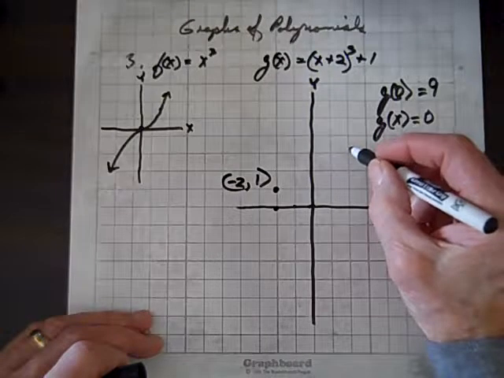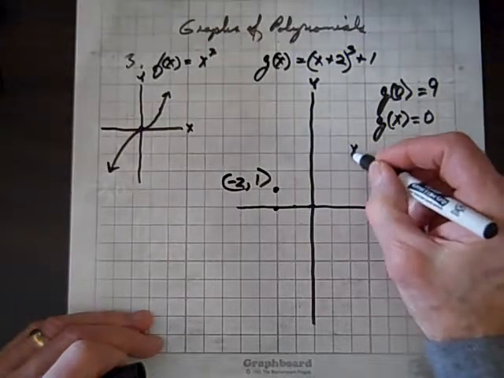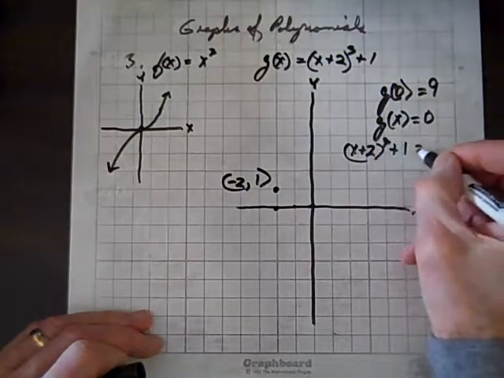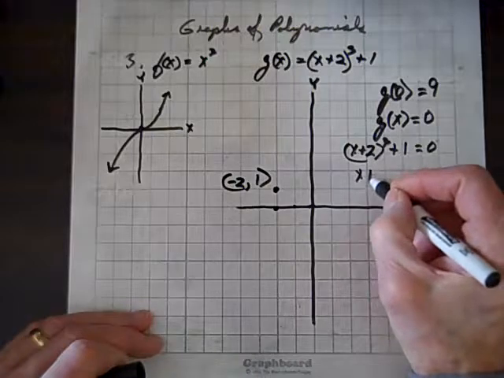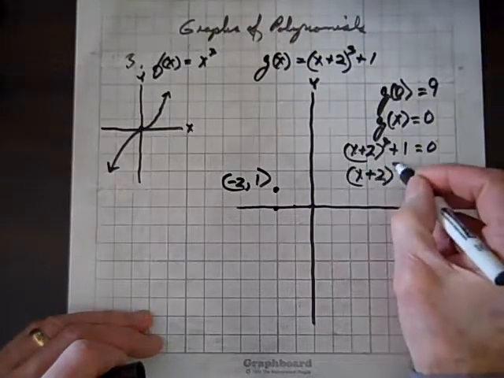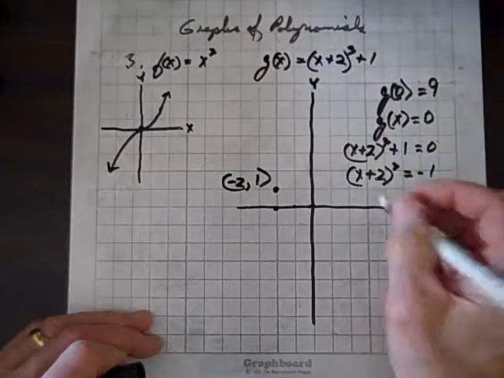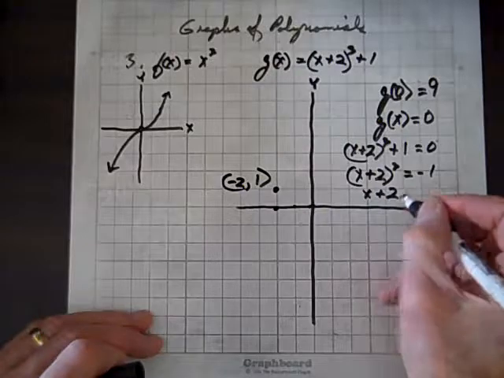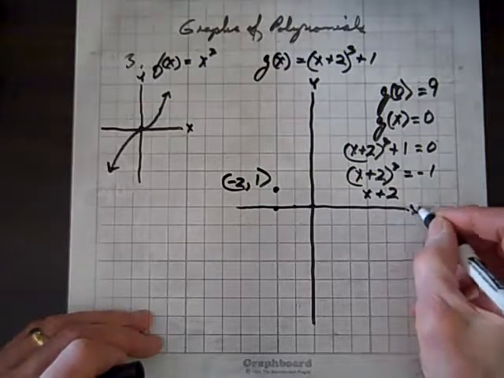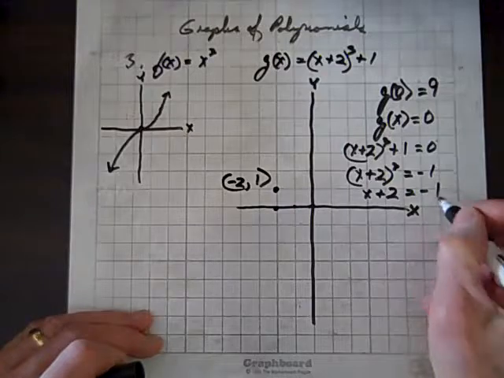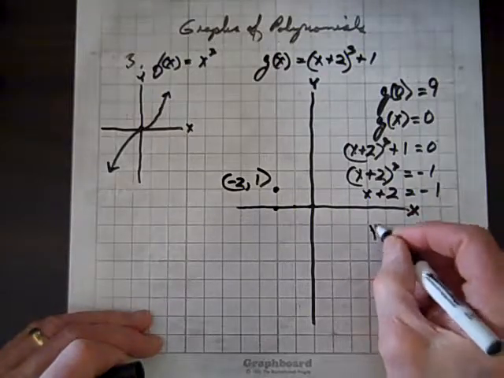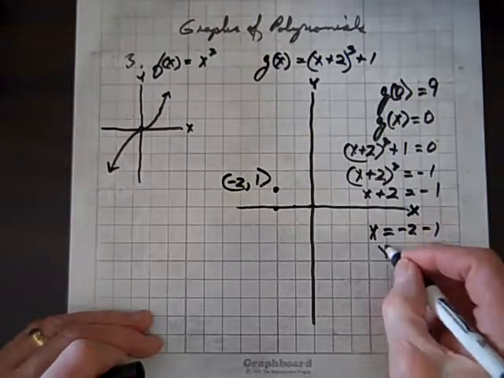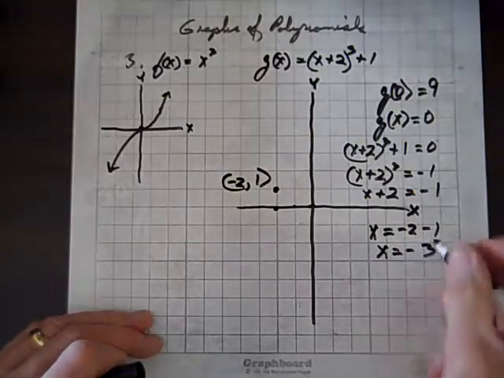That is, we'll set x plus 2 cubed plus 1 equal to 0, or x plus 2 cubed equals negative 1, then taking the cube root of both sides, x plus 2 equals negative 1, since the cube root of negative 1 is negative 1. Finally, solving for x, we'll subtract 2 from both sides, and we get x equals negative 3.